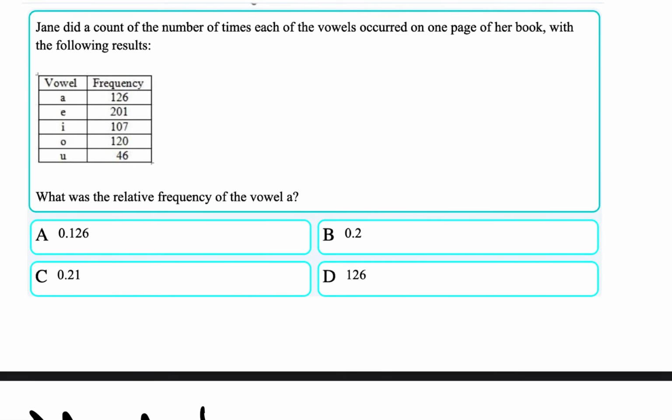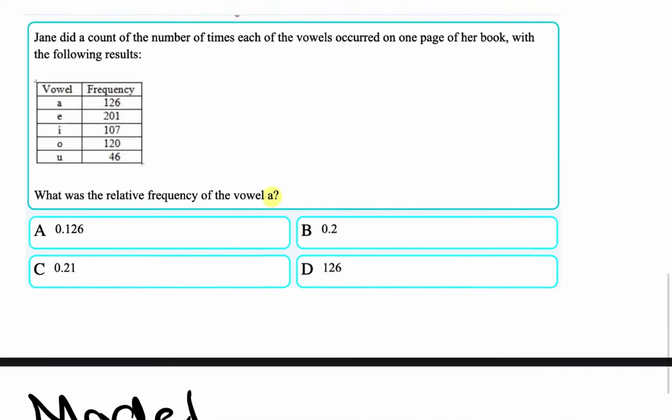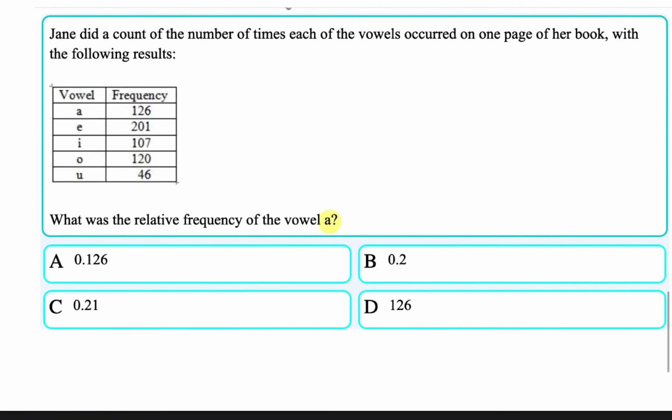Maybe this is the last one. Jane did a count of the number of times each file is recorded on a page of a book. Oh, God, a lot of free time. What is the relative frequency of the file A? So A is here. Add them all up. I'm not going to do this mentally. 201, 107, 120, 46.